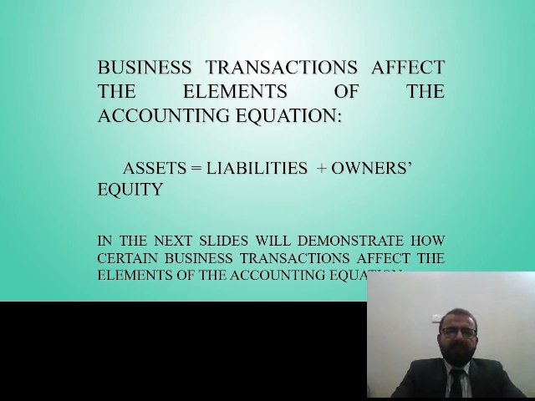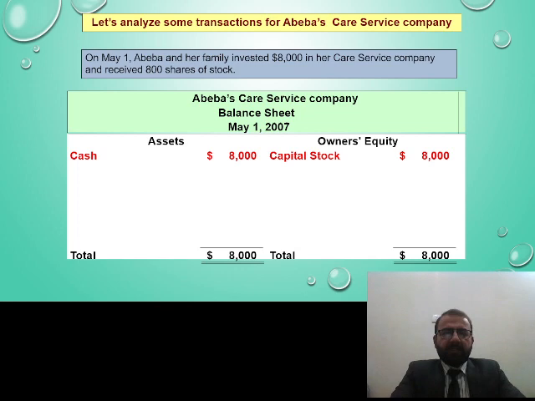Business transactions affect the elements of the accounting equation. We have the accounting equation: assets equal liabilities plus owner's equity. Coming up, we demonstrate how certain business transactions affect the elements of the accounting equation. Let's analyze some transactions for Abiba's Care Service Company.